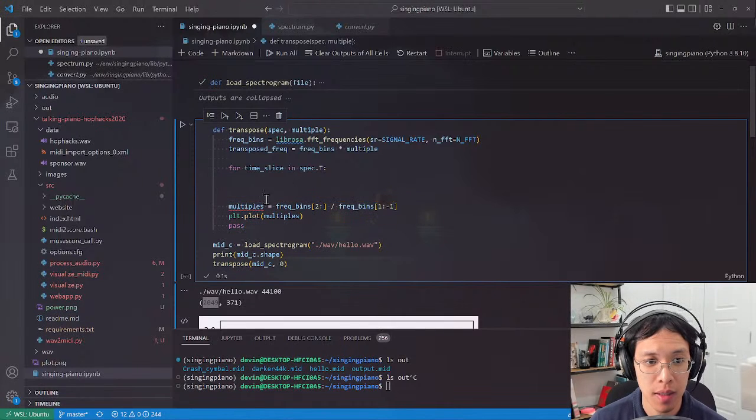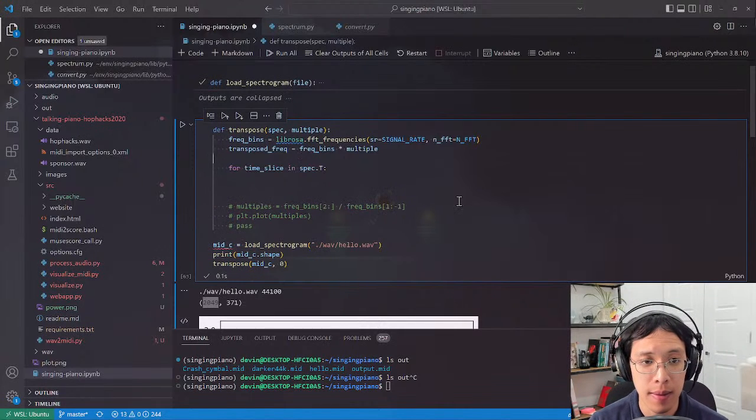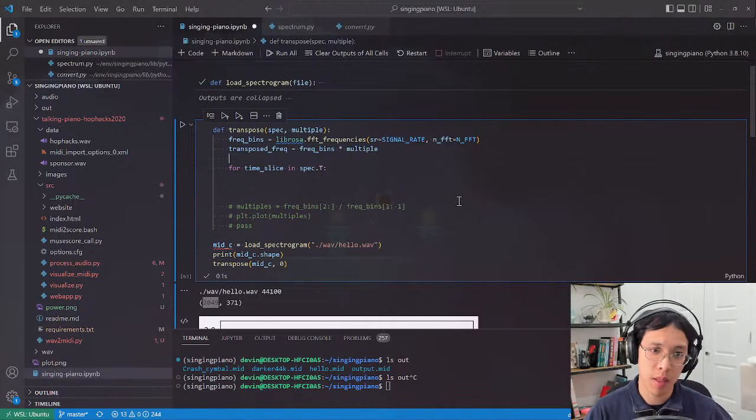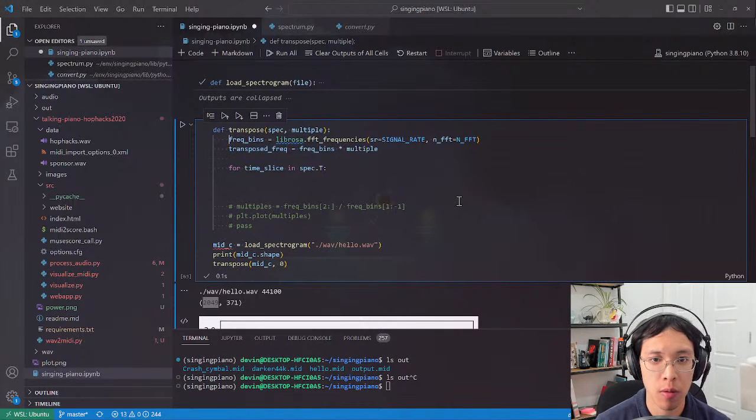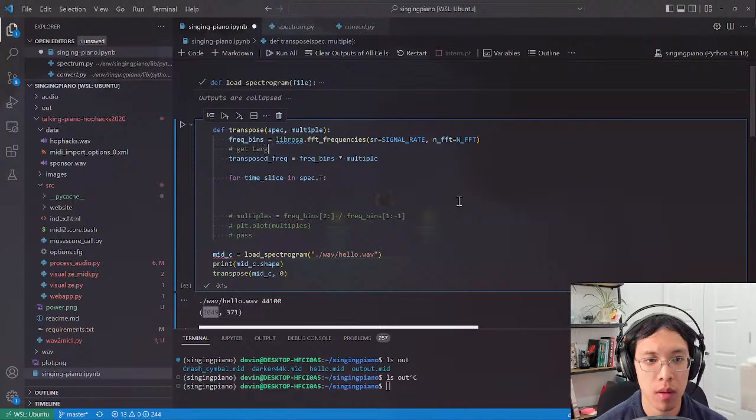Sorry about the mess. This is getting quite messy, so I'm just going to comment those out for now. So what do we do? Let me think. What I want to do is search through. So first of all, for each bin, we've got where we want the frequency to go, right?